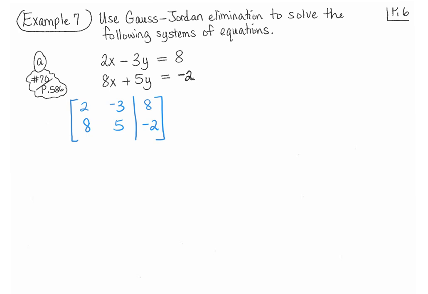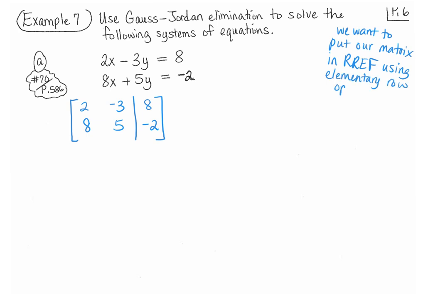Remember, whenever we're using Gauss-Jordan, we want to put our matrix in reduced row echelon form using elementary row operations.